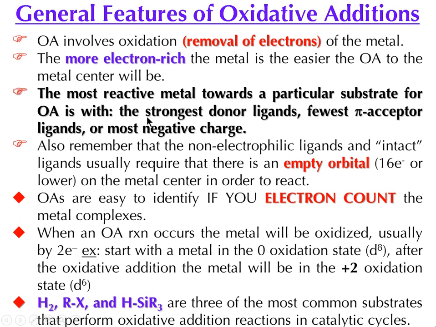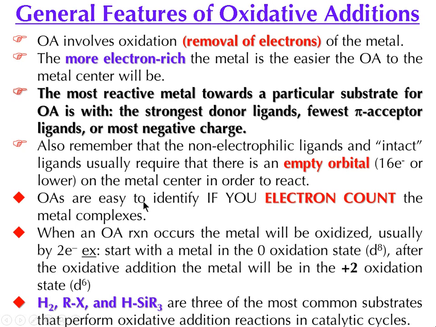So it can have the strongest donor ligands, fewest pi acceptor ligands, or most negative charge. Also remember that non-electrophilic intact substrates usually require the presence of an empty orbital on M, so it is known for complexes of 16 electrons or lower. And in the case of the electrophilic substrate, the condition to have an empty orbital is not needed.